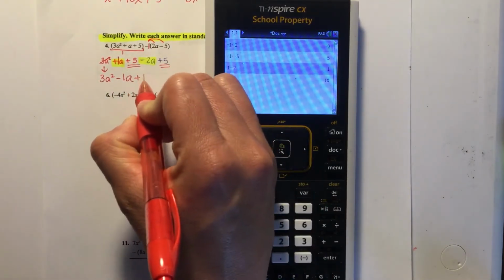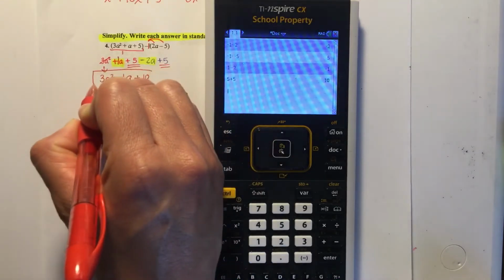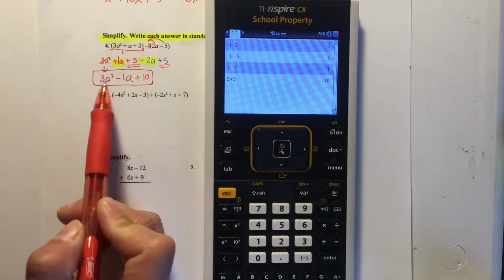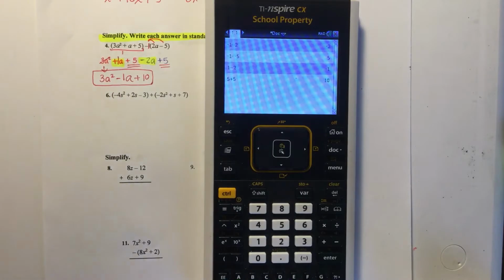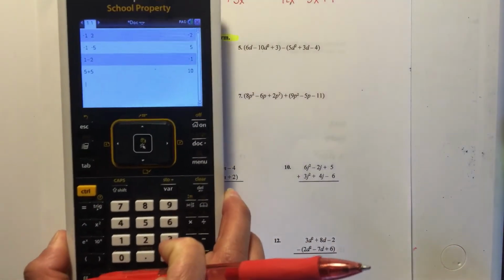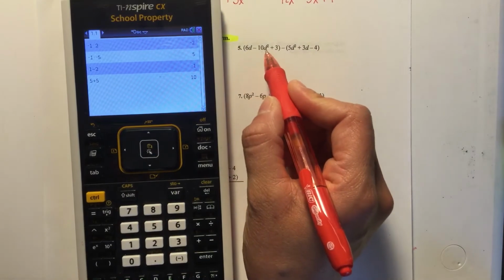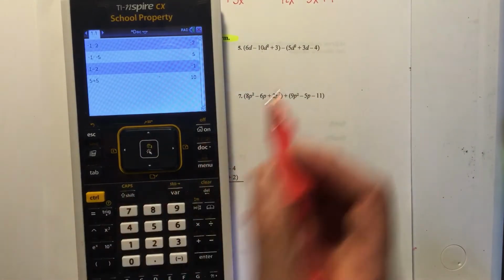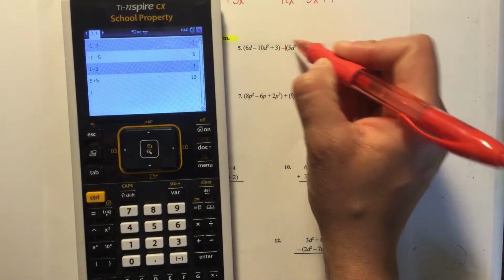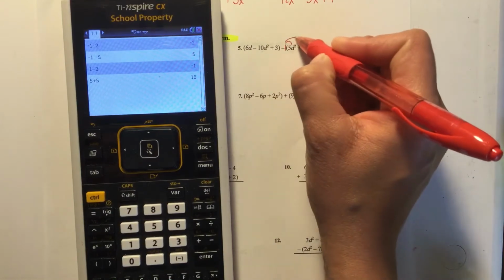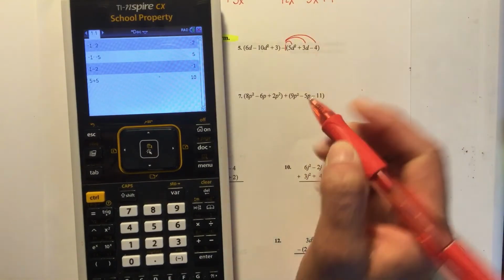So plus 10. And this is in standard form. It's in order from bigger exponent to smaller exponent. Next problem, number 5. You have 6d minus 10d squared plus 3. You have a minus 1 times 5d squared times 3d times 4.